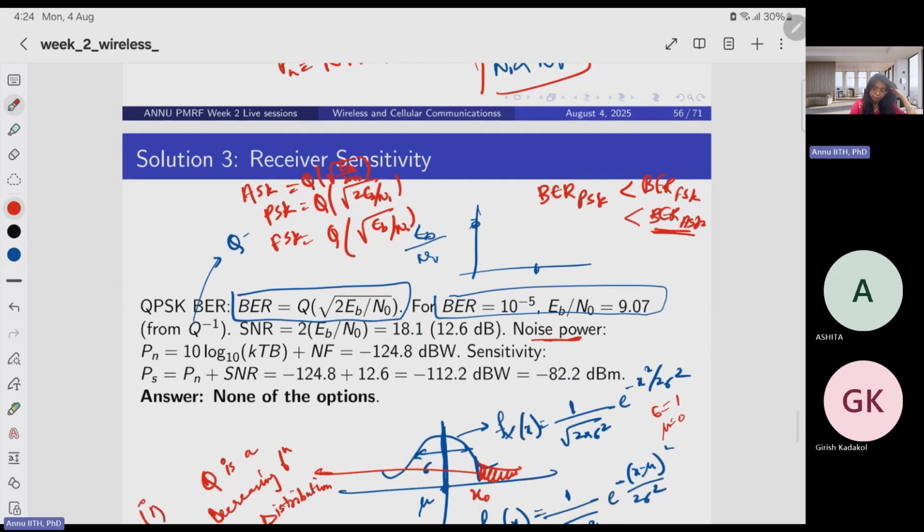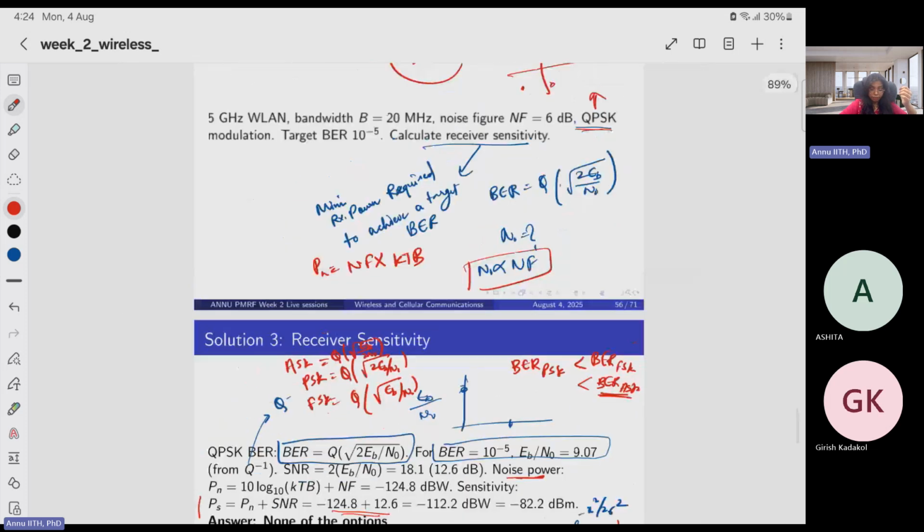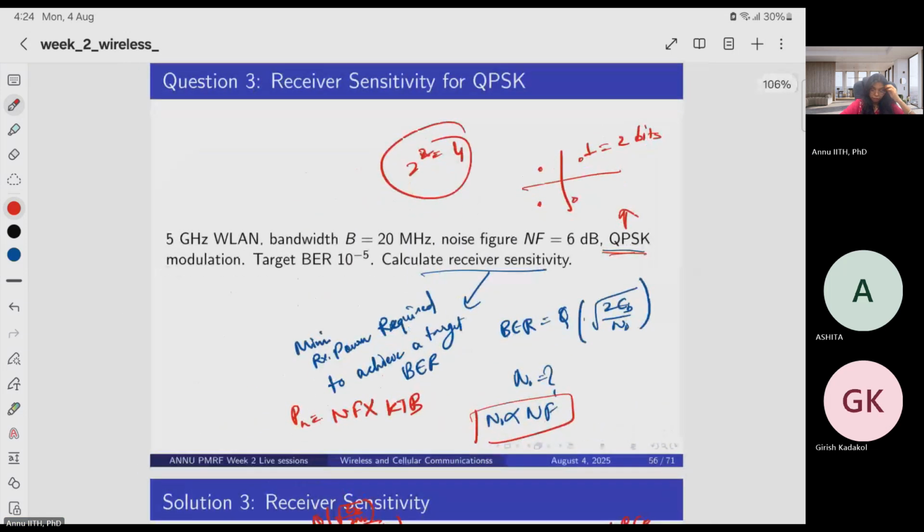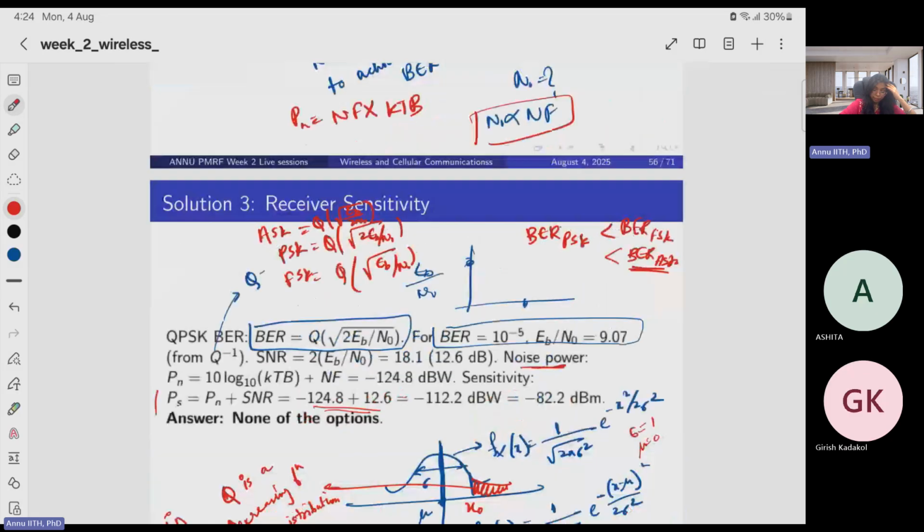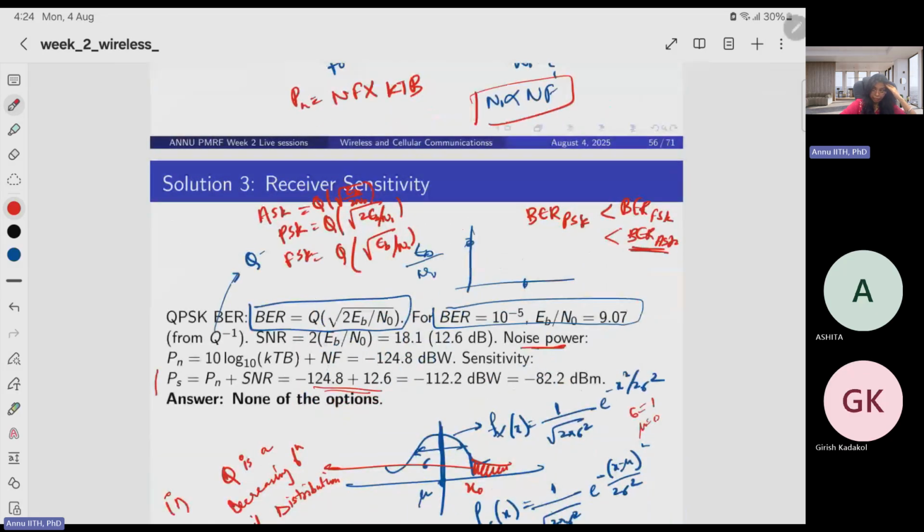And sensitivity, with the simple formula, PS is equal to PN, the noise power, plus SNR. And this is nothing but this one, because receiver sensitivity is the minimum received power, or the power required to achieve an achievable bit error rate. This is a very good question and can be asked. Okay. And 2 is multiplied because it is 1 bit energy.